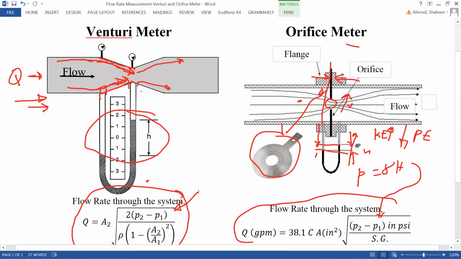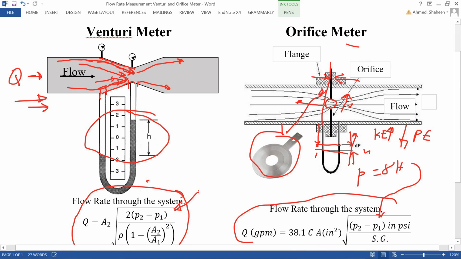So that's one thing. And of course, because it's expensive, there are some advantages of this. As you can see, the pressure drops slowly, and the velocity increases very slowly. So there will be very little pressure energy loss in this system.